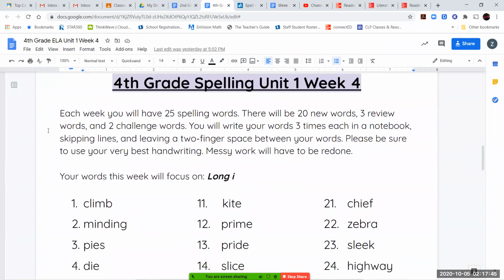Now your spelling words for this week all focus on the long I sound and the different ways to make the long I sound.